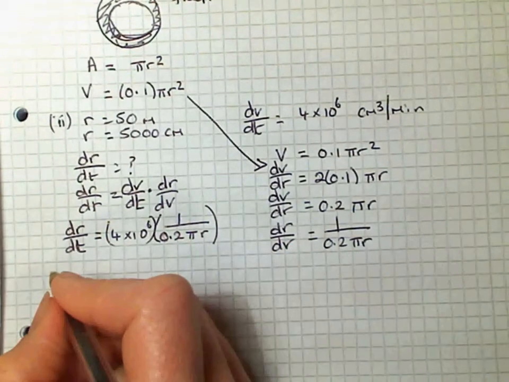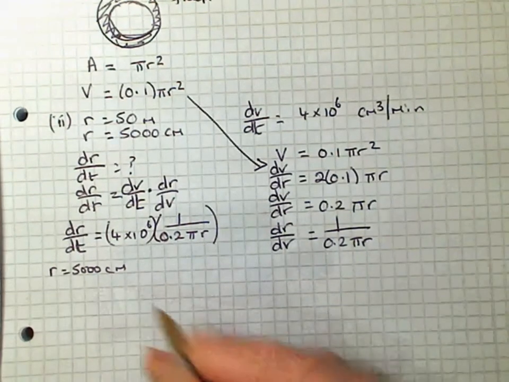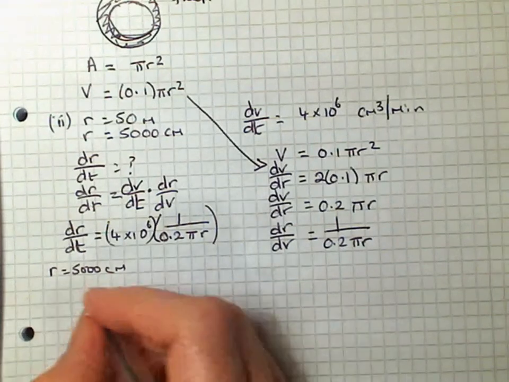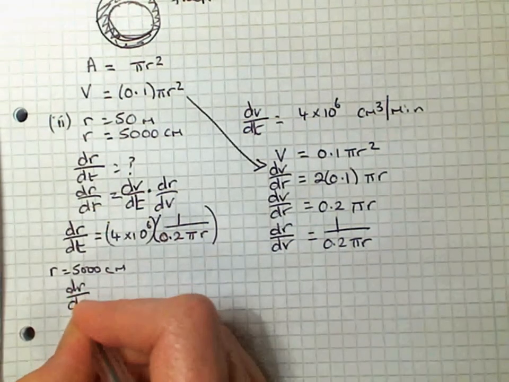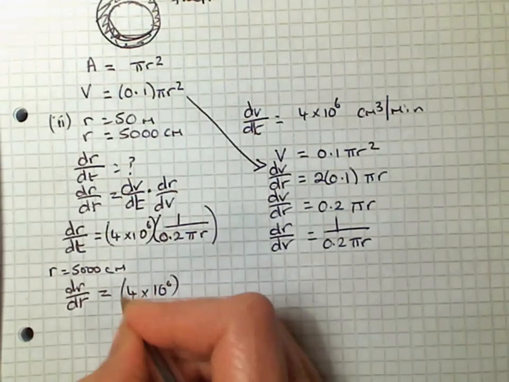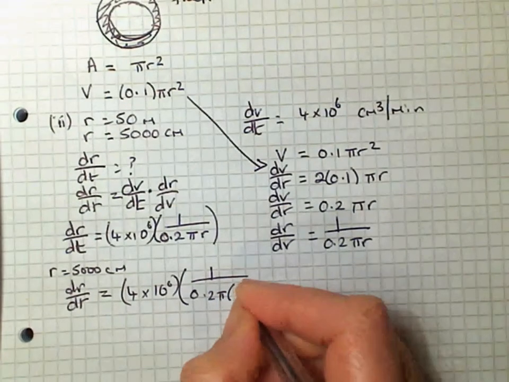Now I'm asked to evaluate it when the radius is 5,000 centimeters. So everywhere I see r, I'm going to put in 5,000. So dr dt is equal to 4 by 10 to the 6 by 1 over 0.2 pi by 5,000.